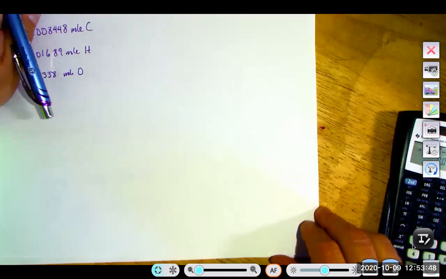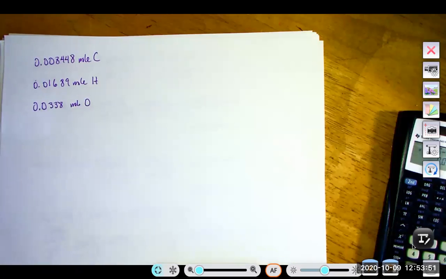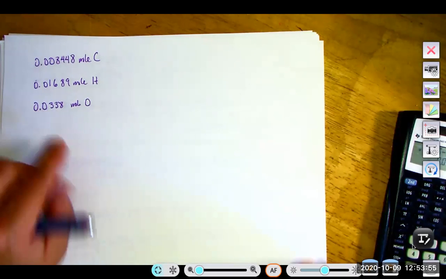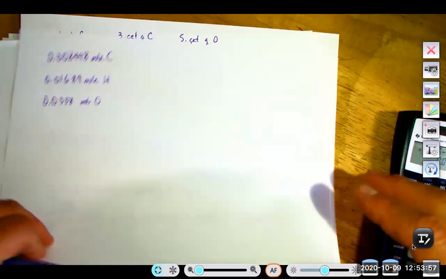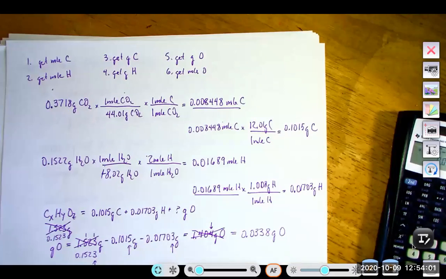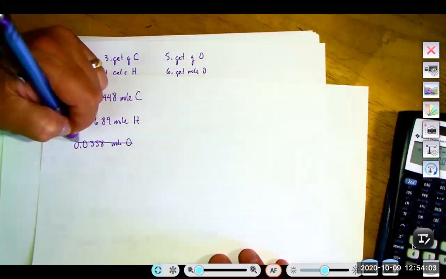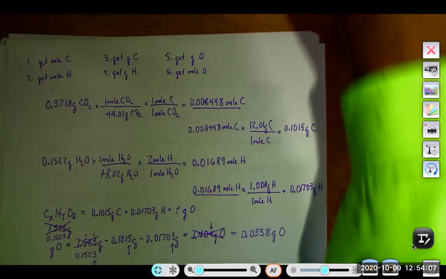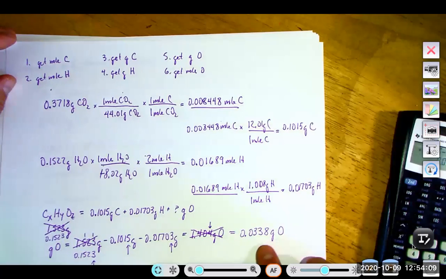Okay, so what you want to do here is pick which one of these numbers is the smallest. Do we agree that for these numbers, the one that seems to be the smallest, actually, I've made another mistake. We have 0.0338 grams of oxygen, but we need moles of oxygen.